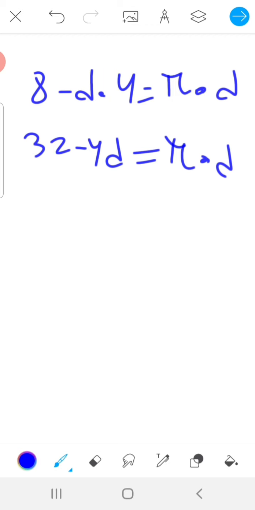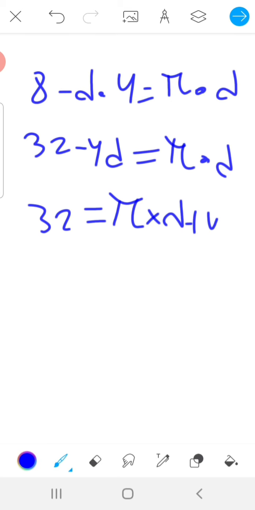Okay, now we want to put all of the d's, all the diameters, on the same side, because right now it's really tricky because we don't know what number d is, which makes it really difficult for us. So now we go to 32 is equal to pi times diameter plus 4d, because when you move something that's minus to the other side, it turns into plus.